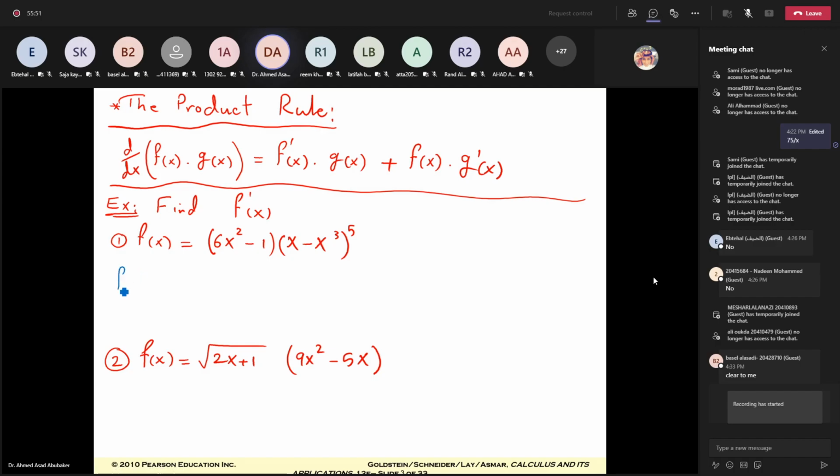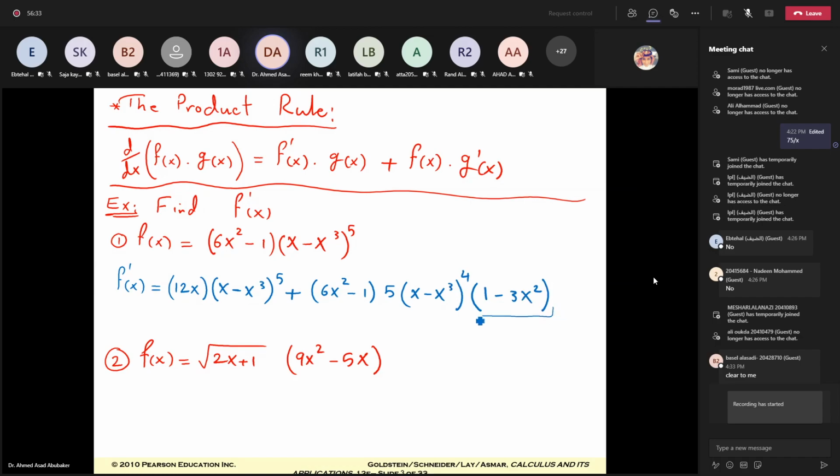Now, the first derivative of f of x must be the derivative of the first. This equals 12x multiplied by the second, x minus x to the power 3, all to the power 5, plus the first, multiplied by the derivative of the second, which equals 5 times x minus x to the power 3 to the power 4, and the derivative inside the brackets, like this.